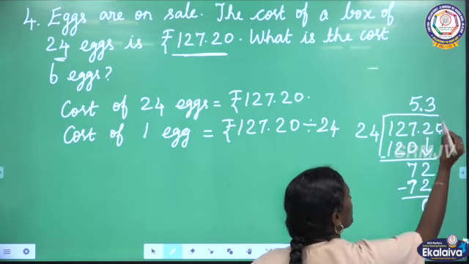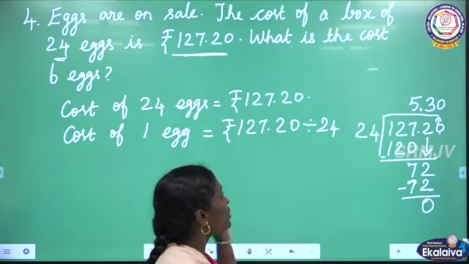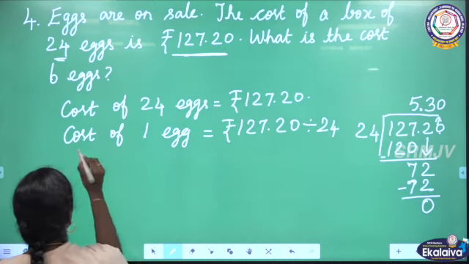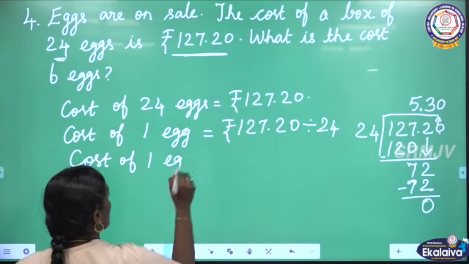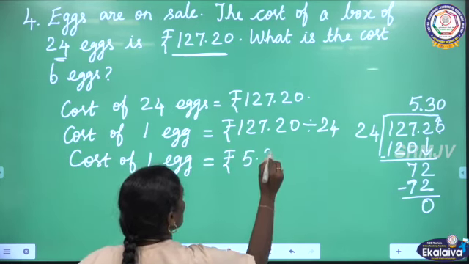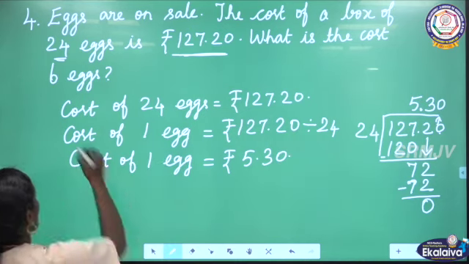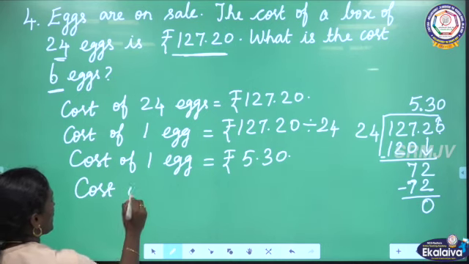Here we are having one more 0. For that we have to add 1 zero in quotient. So the cost of one egg is rupees 5.30. Cost of one egg is equal to rupees 5.30.